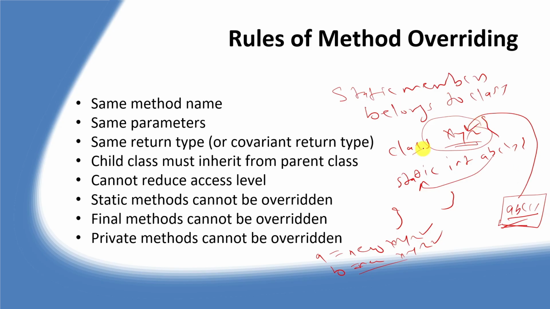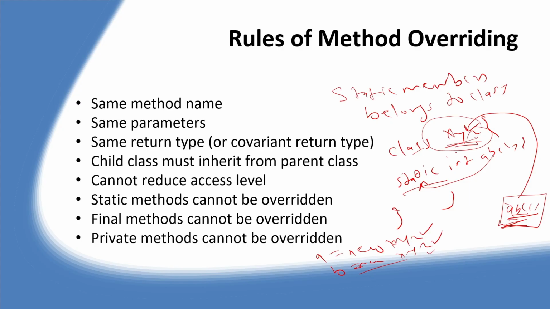Since the class loads only once, this static member will also load once, because static member belongs to class. It has nothing to do with the number of objects we are creating. It does not belong to object, it belongs to class.